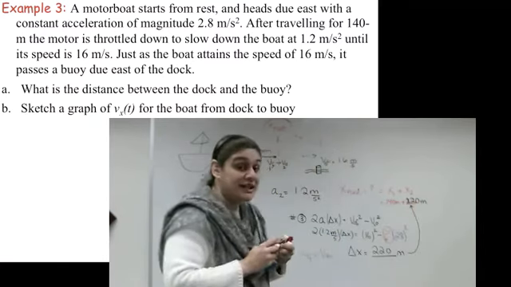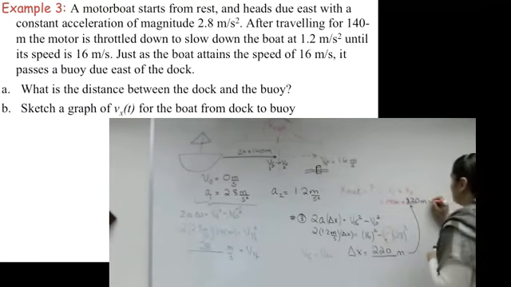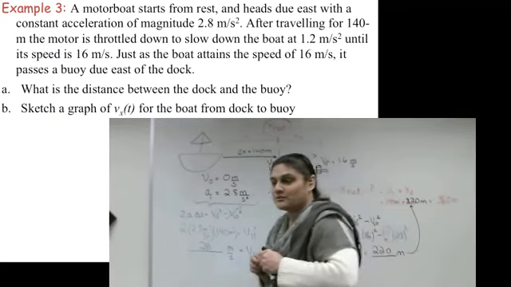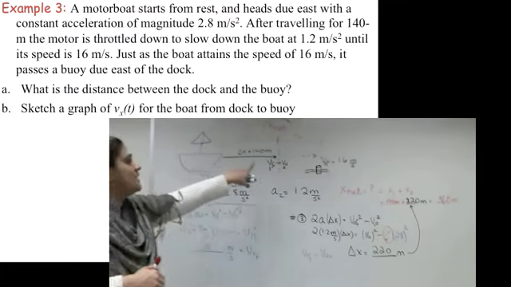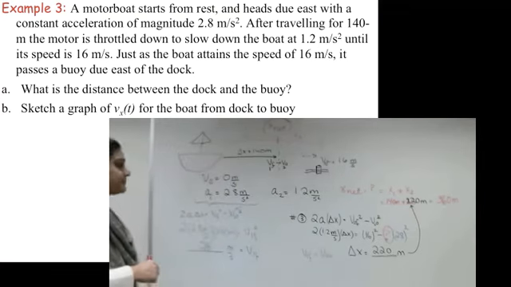So my X net, the one I was actually looking for, comes out to be 360 meters. If I've plugged in numbers correctly and you all agree with me, that is the answer. So the total distance that the boat travels from here to here is 360 meters.